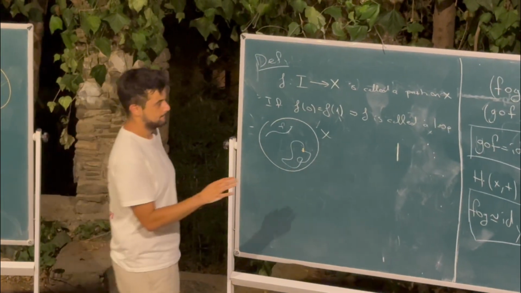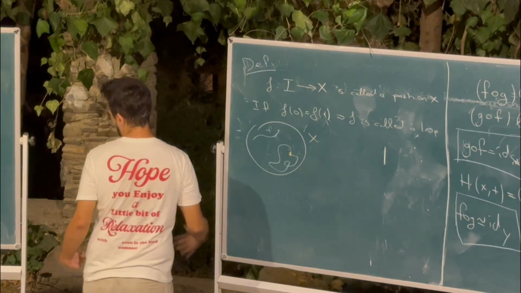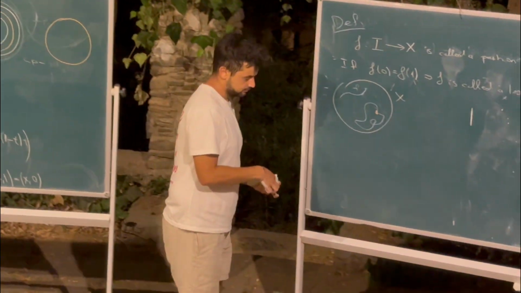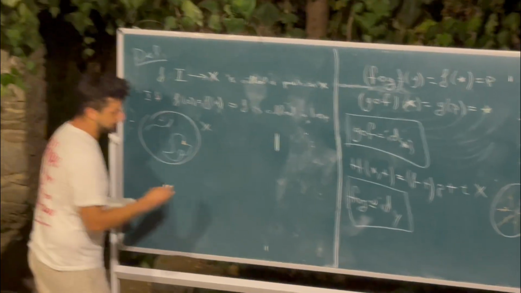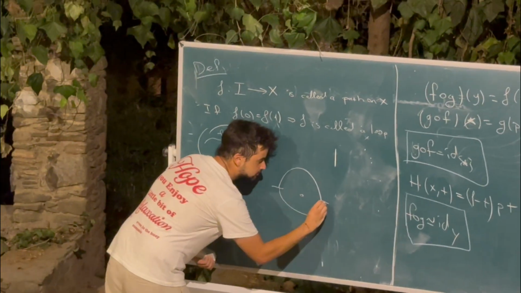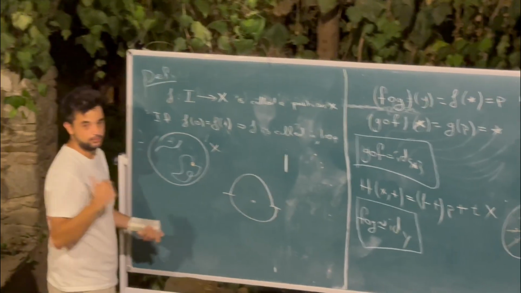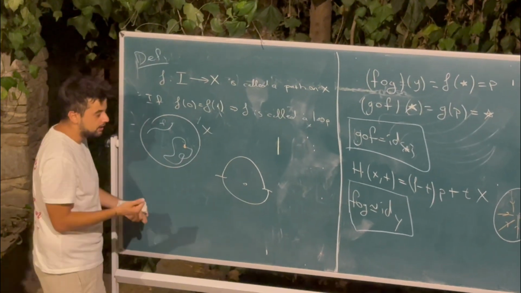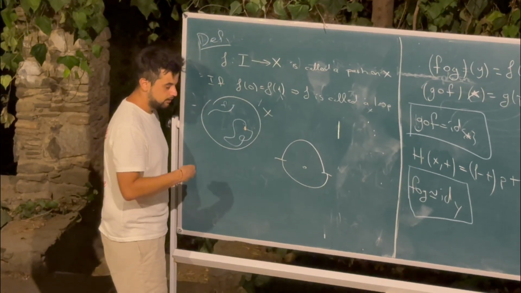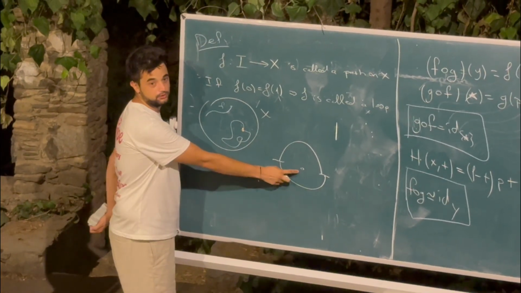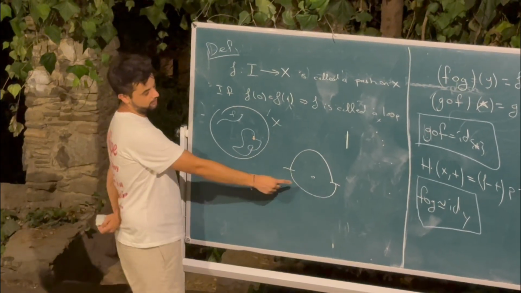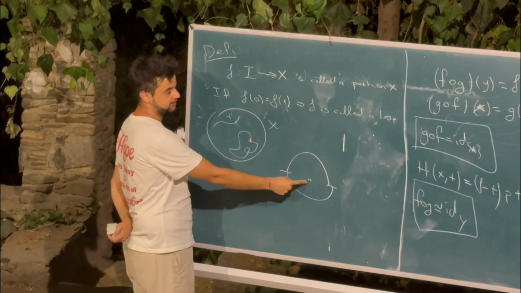Now, these two paths are homotopic to each other, as we saw before, but I want my definition to capture this puncture. Somehow I want to come up with a way that I can detect this.